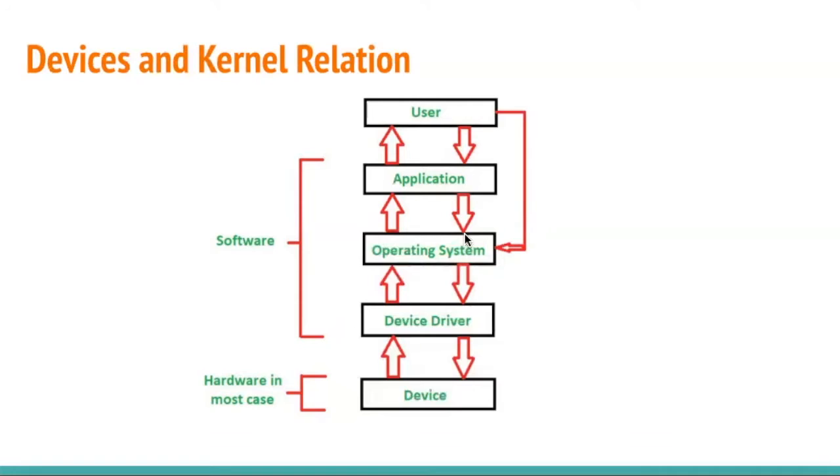And similarly, if the kernel wants to access the device, that is also facilitated by the device driver. A device driver is a module that runs in the kernel and provides functionality to the device based on the requirement of the kernel. So it is a module, as we have already discussed in our previous video.